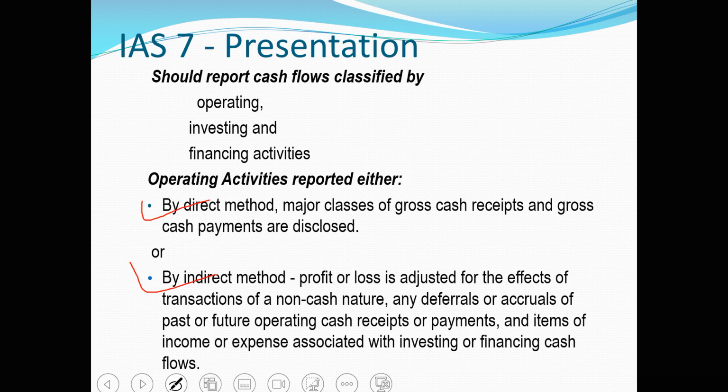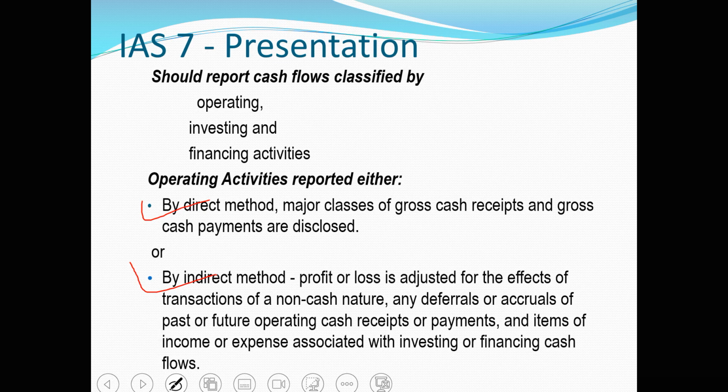With the direct method, they have to present major classes of gross cash receipts and gross cash payments. So you have cash from sales, cash paid to suppliers, cash paid for expenses, cash paid to employees and stuff like that.